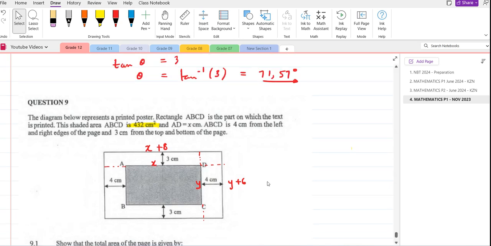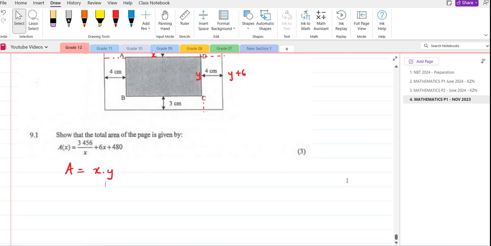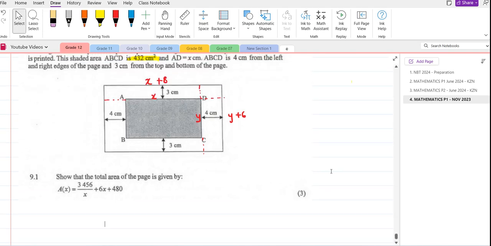Alright, so what we have at the moment is, let's look at the first restriction. The area is equal to x times y, which is equal to 432. So y is equal to 432 over x.